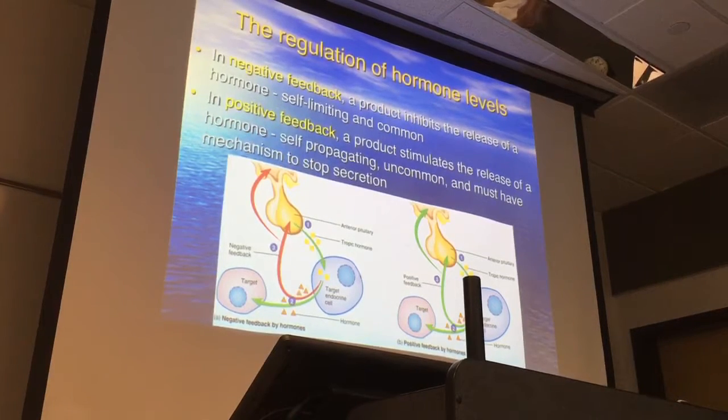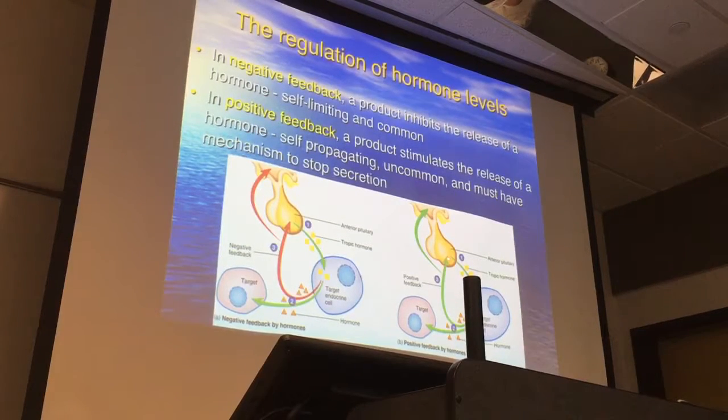Now, there can be negative feedback and positive feedback controlling the expression of hormone levels. We've already seen the negative feedback, and that's the exact same diagram. There is a limited amount, and it's kind of contrived, by the way, in my estimation, of positive feedback, where the anterior pituitary release of hormone goes to affect the target.